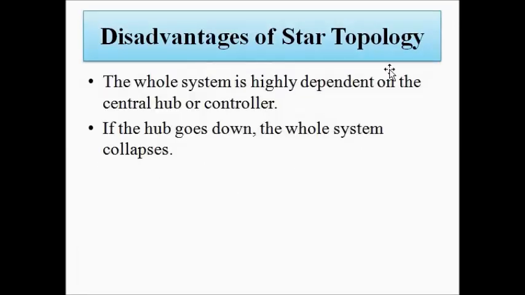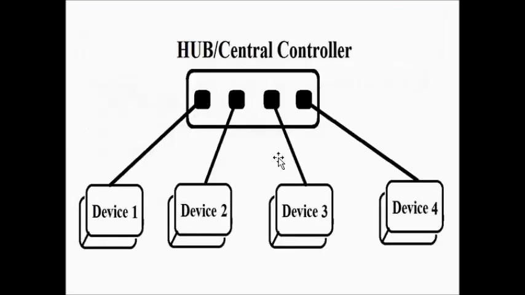Now the disadvantages. As you can see, this whole star topology network is heavily dependent on the central hub or controller. If the central hub or controller is down, or gets damaged, then all the links get affected. The data transfer between all the devices gets affected.